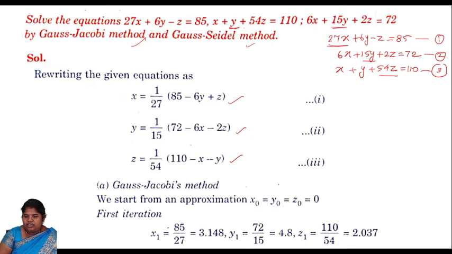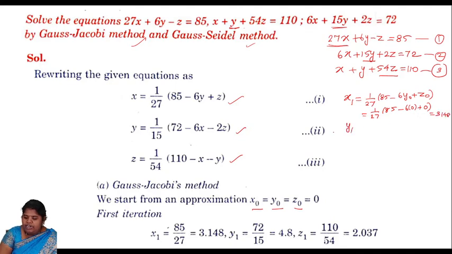Now, we start with the initial approximation x0, y0, z0 as 0. In equation 1, we substitute: x1 equal to 1 by 27, 85 minus 6 y0 plus z0, which is 1 by 27, 85 minus 6 times 0 plus 0. While solving this, we get 3.148.